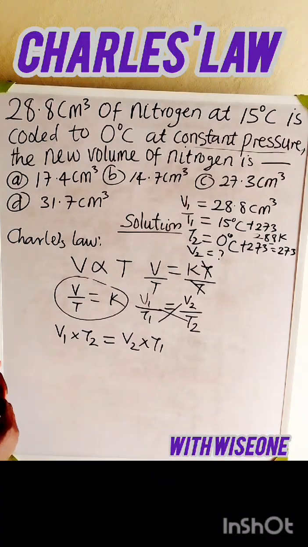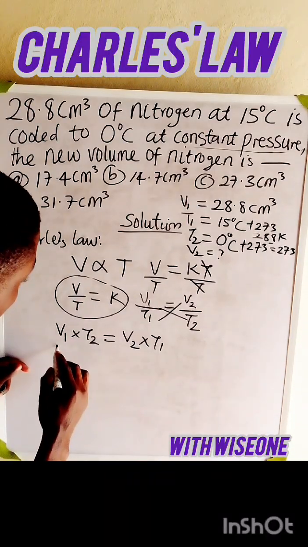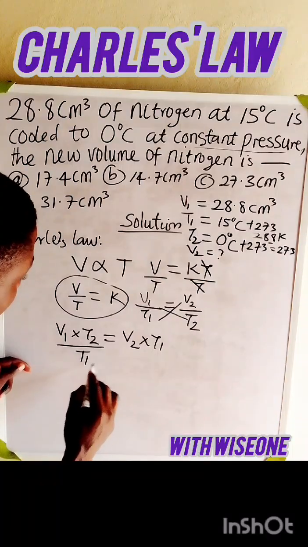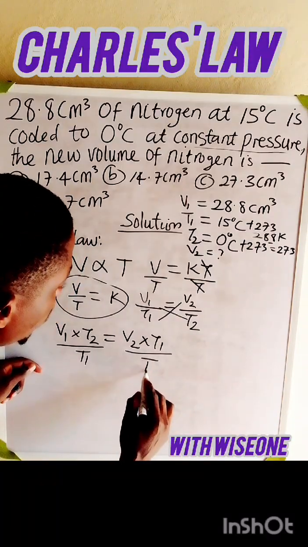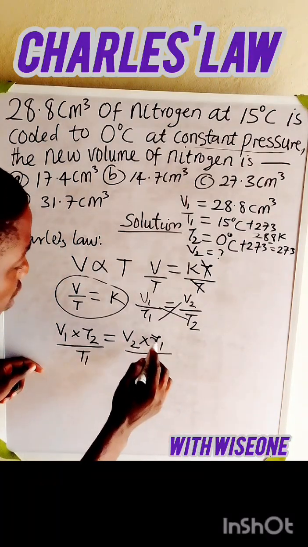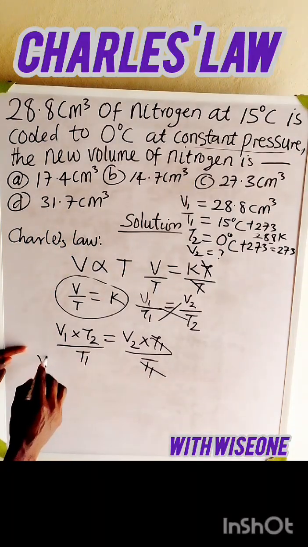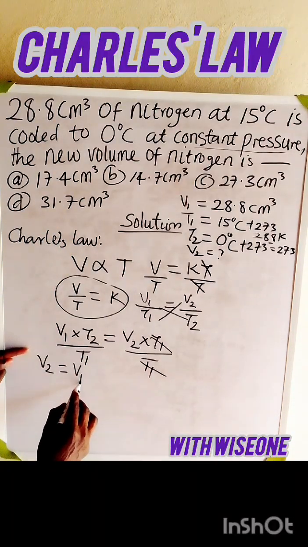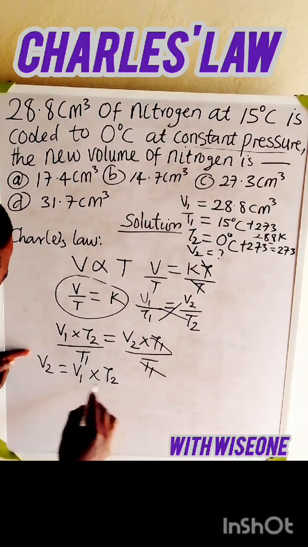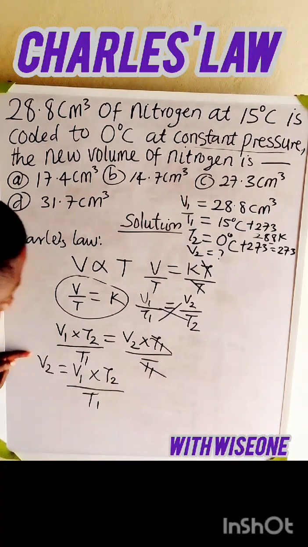We are looking for V2, so we'll divide both sides by T1. So T1 here will cancel T1 here. V2 is remaining. So we have that V2 is equal to V1 times T2 all over T1.